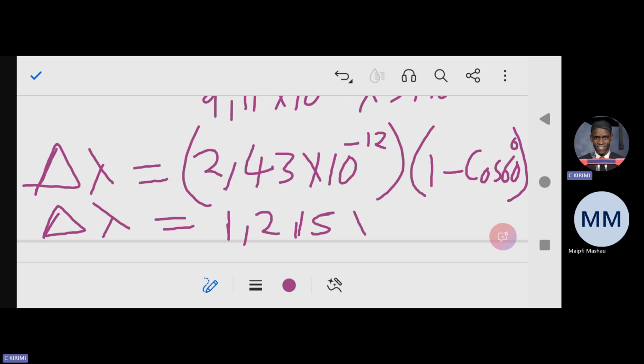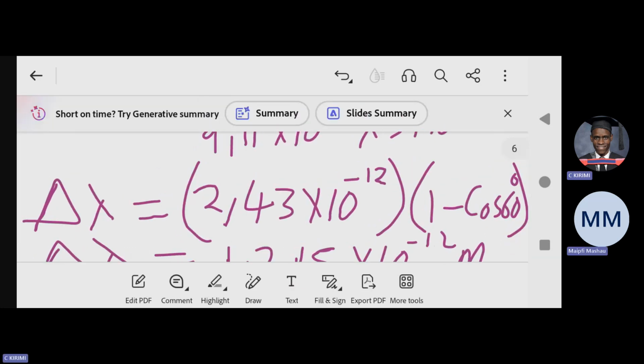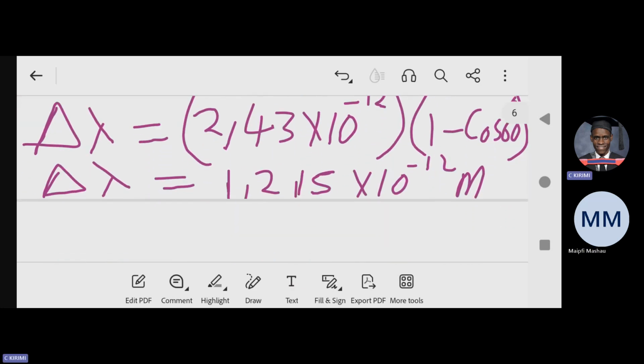The unit is being converted, we are no longer using meters. Alright, so that is the Compton wave shift.